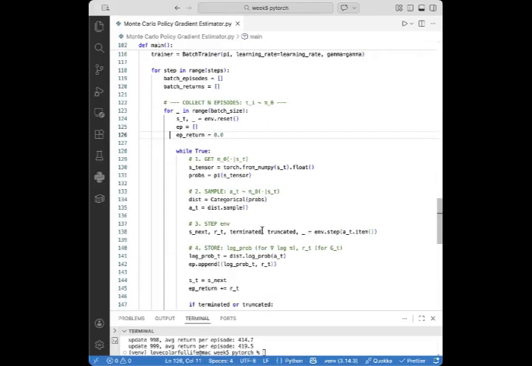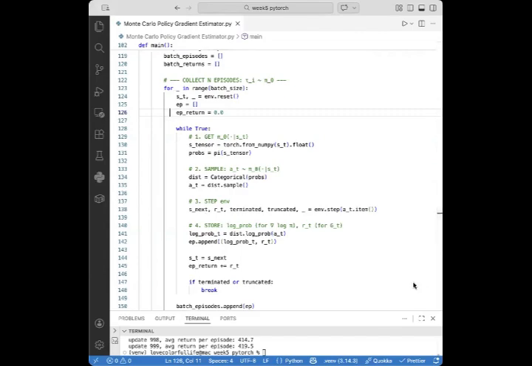Step 3, env.step gives us the next state, reward, and done. Step 4, we store log prob and reward at t. So we store a log prob, not prob, because the gradient formula uses the gradient of log pi.